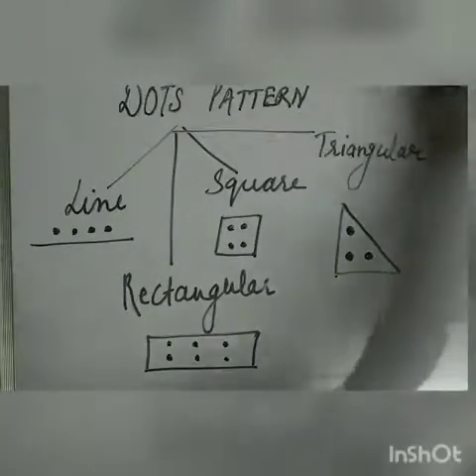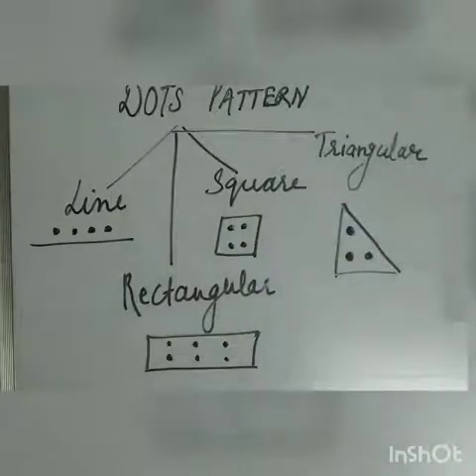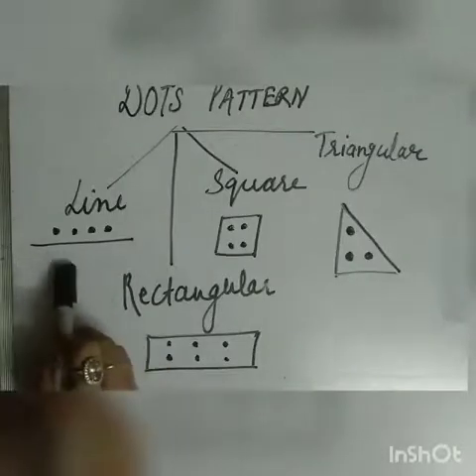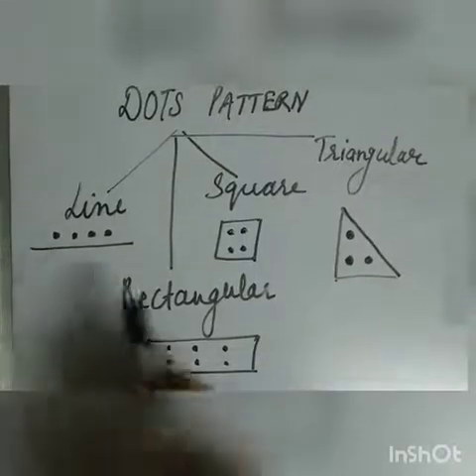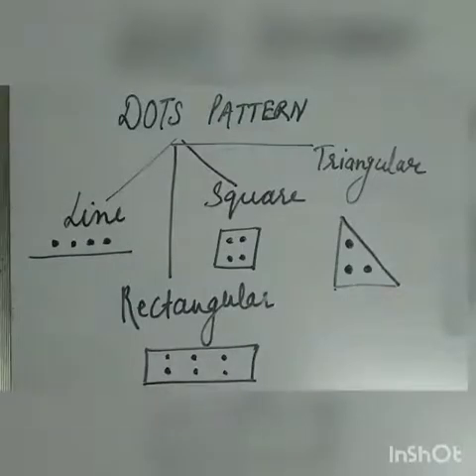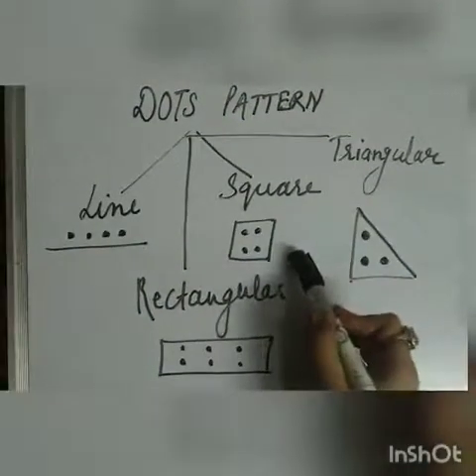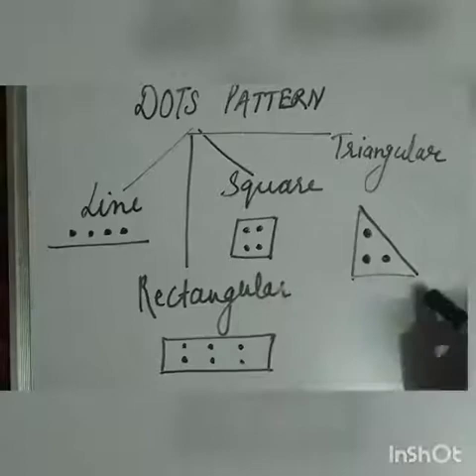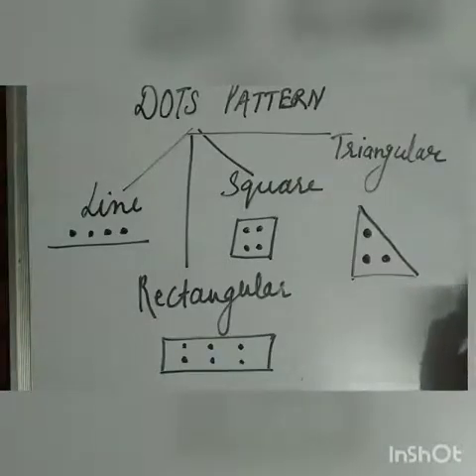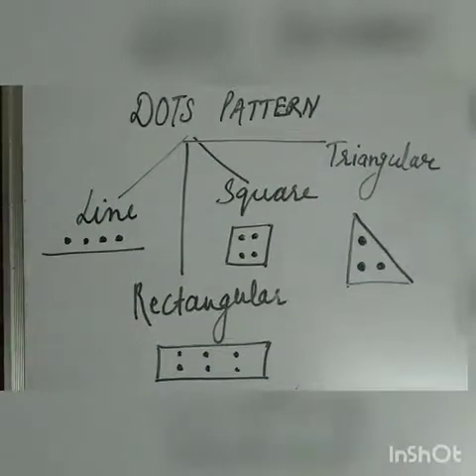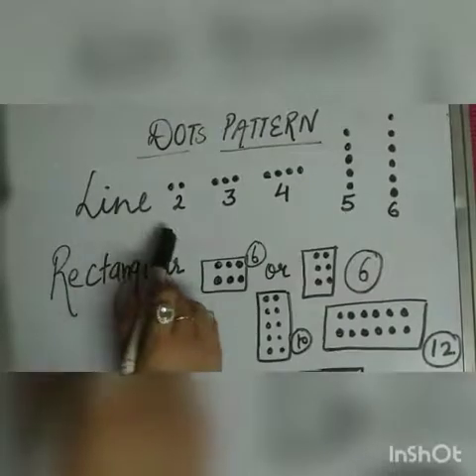Some problems for the pattern can also involve a pattern of dots. It can be a line dot pattern, it can be a rectangular dot pattern, it can be a square dot pattern or a triangular dot pattern. Let us discuss these patterns one by one. Line pattern.